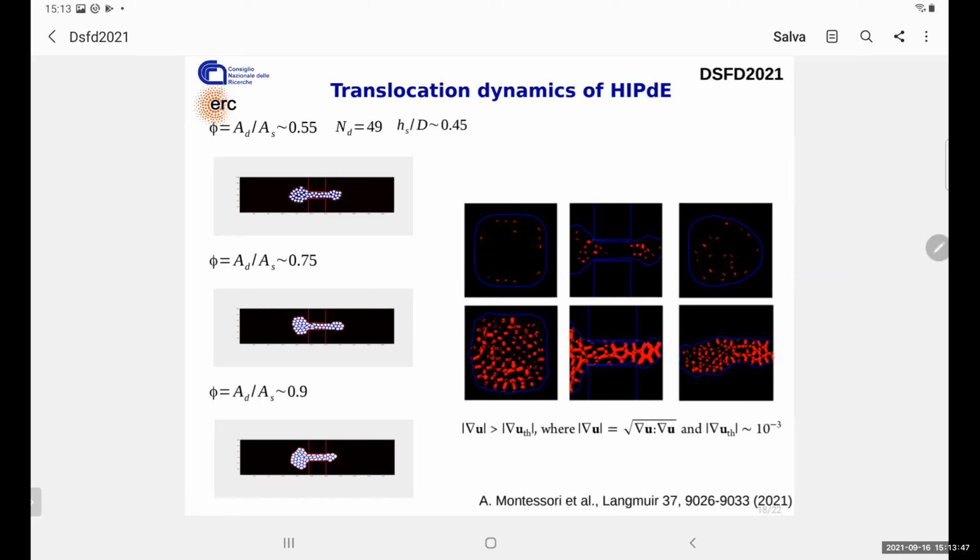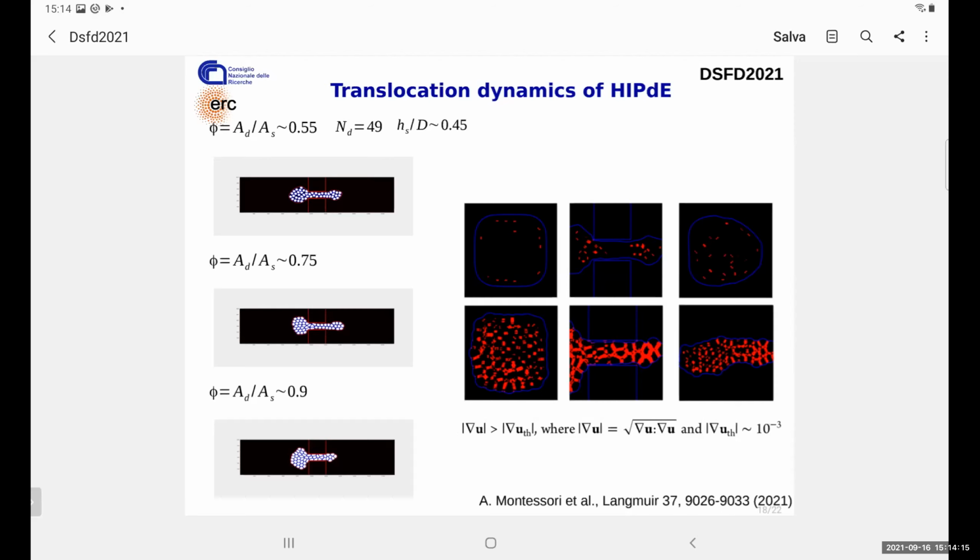If you look at the emulsion on top, where the area fraction is very low, you see that this quantity, the modulus of the velocity gradient tensor, which gives an estimation of the local shear stresses, is very low. Whereas if you look at the picture on the bottom, there is a very beautiful interconnected network existing among the droplets, which characterizes the structure of the system, and it persists over the entire simulation.